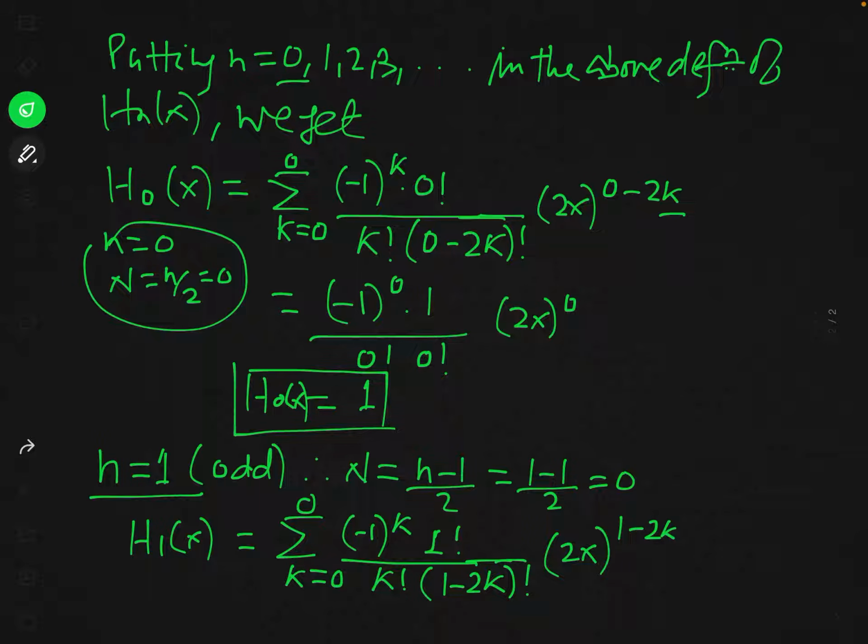Now since again the lower and upper limits of the summation are both 0, there will be only one term, and that term will be obtained simply by putting k equal to 0. So you can easily see what our result will be.